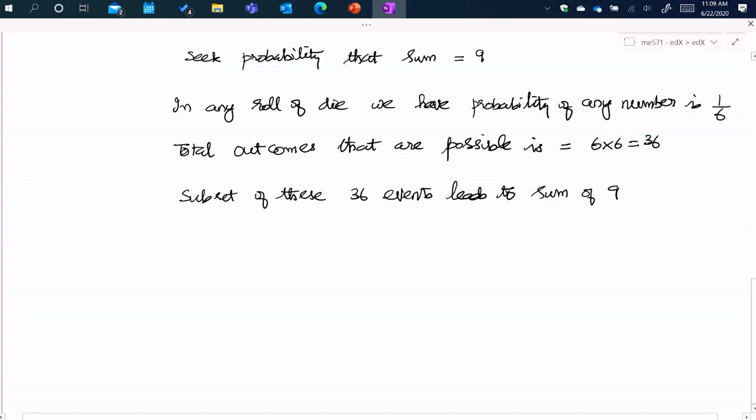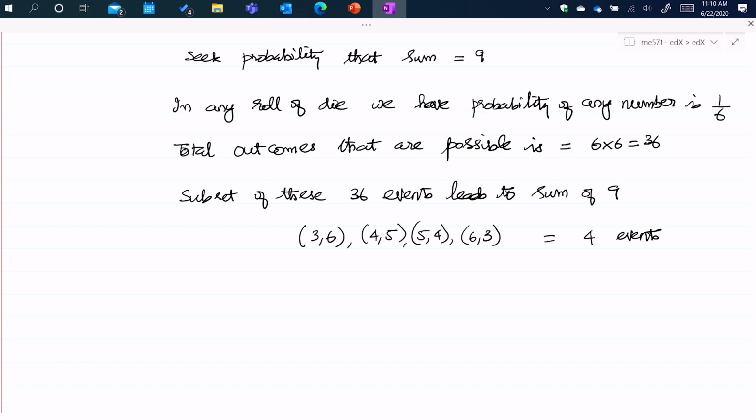The possibilities are either 3 and 6, 4 and 5, 5 and 4, or 6 and 3, where these numbers correspond to the first die and second die. So this is equal to 4 events, 4 possibilities. 4 of these 36 events yield a sum equal to 9.